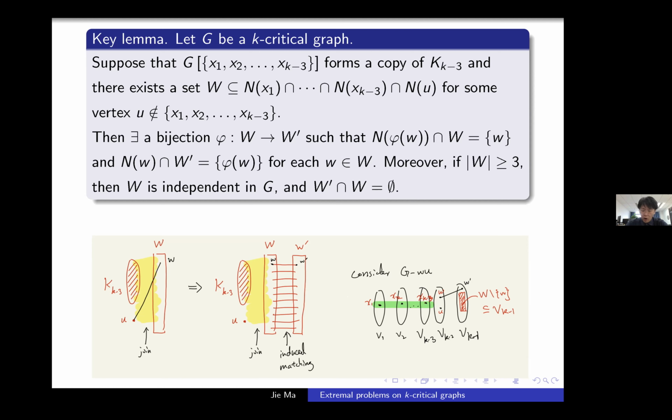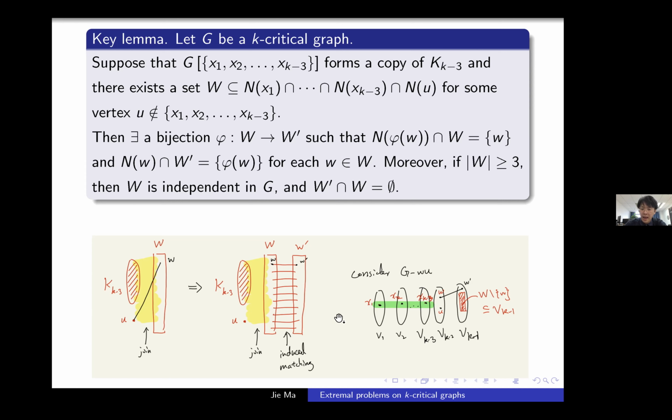Because recall what the construction is: you partition the vertex set into 4 pieces. The first one and the last one are odd cycles. The second one and the third one are independent sets, and between them is a complete bipartite graph. But between the odd cycle and the independent set, it's a matching. So in the so-far densest 4-critical examples, we do see a large induced matching.